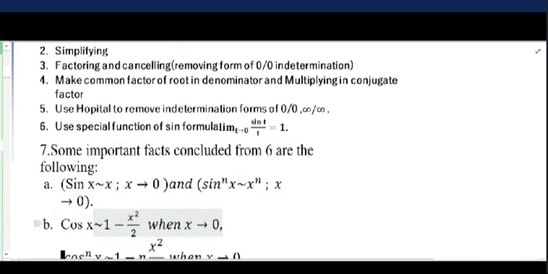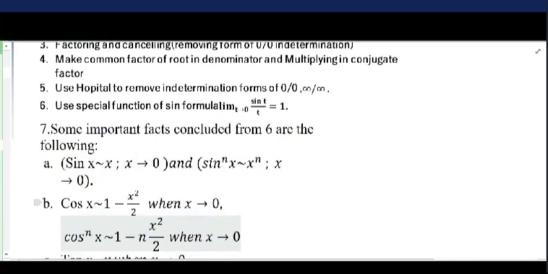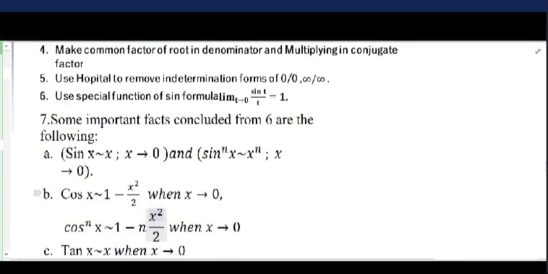And number 7b is also a conclusion of 7a and 6, because by using the formula of cosine in terms of sine we can reach that cosine x is equivalent to 1 minus x squared over 2 when x approaching 0, and also for cosine power n we can say it is equivalent to 1 minus n x squared over 2 just when x approaching 0.